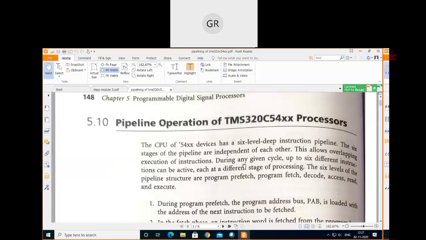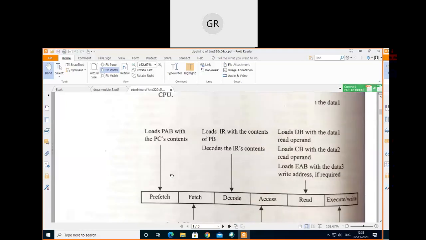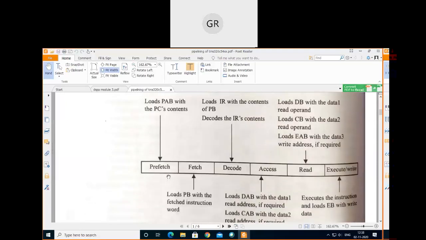The 6 levels of the pipeline structure are program prefetch, program fetch, decode, access, read operation, and execute and write operation. Here we classified the pipeline operation into 6 stages: prefetch, fetch, decode, access, read, and execute and write.